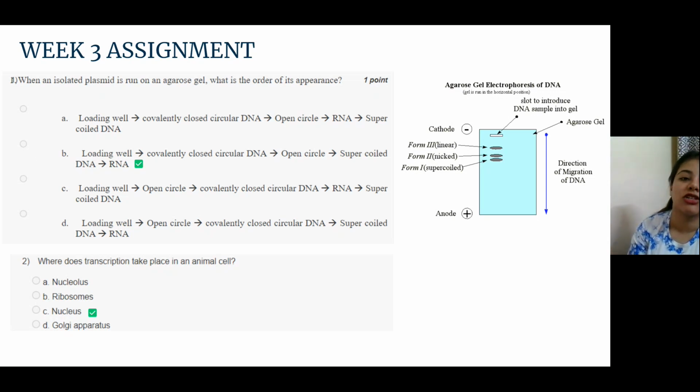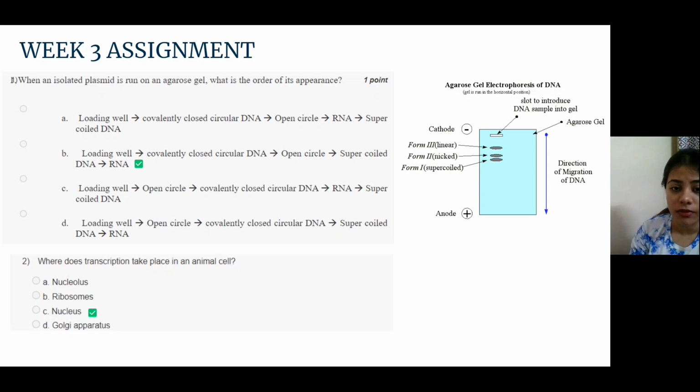So among covalently closed circular DNA, open circle and supercoiled DNA, the supercoiled plasmids will always have the fastest rate of migration, or the fastest electrophoretic mobility.